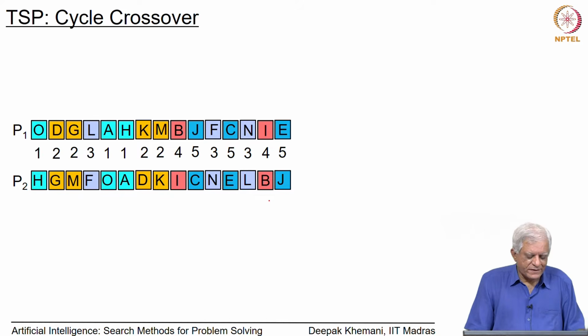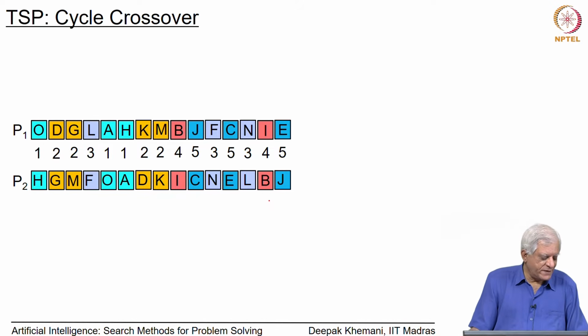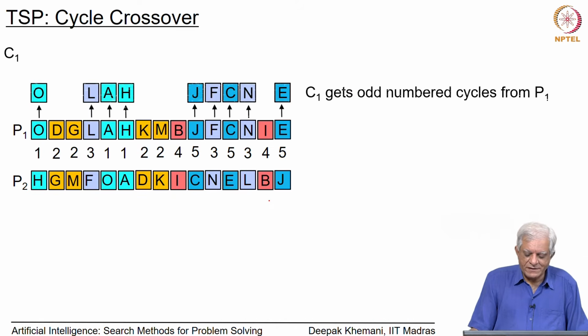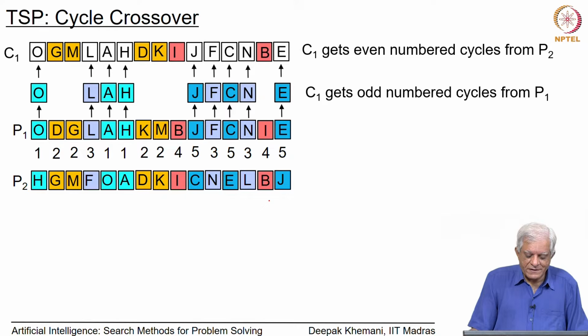The reason for that particular choice is because of the way we do cycle crossover. When we construct the first child, we take all the odd numbered cycles from parent 1, and then we take the even numbered cycles from parent 2, and that gives us the first child essentially.